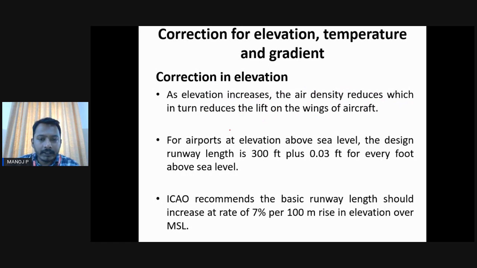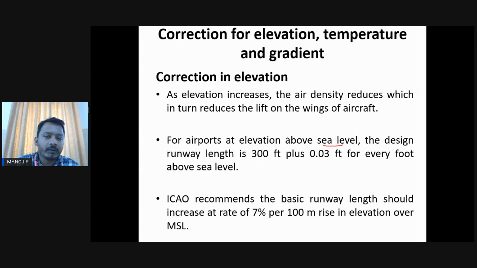If it is assumed that the runway is on flat ground at 0% elevation, but yes, the runway will not be at mean sea level at all places.